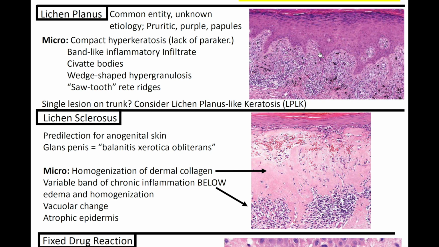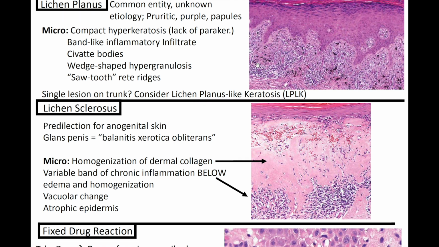You can have Civatte bodies, wedge-shaped hypergranulosis, and sawtooth rete ridges. So that sawtooth rete ridge pattern with that lichenoid inflammation, and then if you have a history of pruritus, purple lesions, or papules, you're going to want to think about lichen planus. And if it's just a single lesion on the trunk, consider lichen planus-like keratosis, or LPLK.